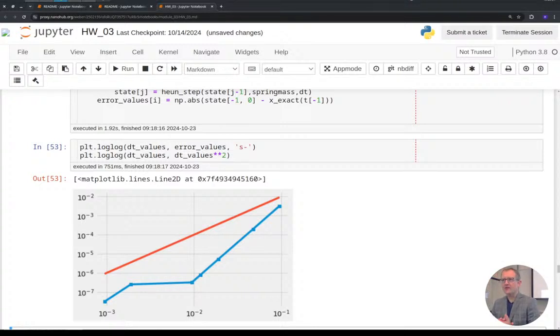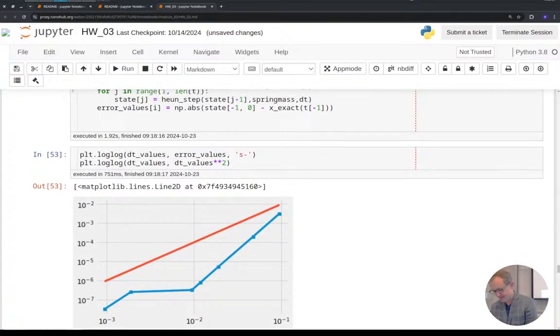Did anyone, when you were looking at convergence of that Heun method, get a slope higher than 2 on a log plot? No? Sometimes some people get a slope of 4, and that's what I'm kind of getting here.